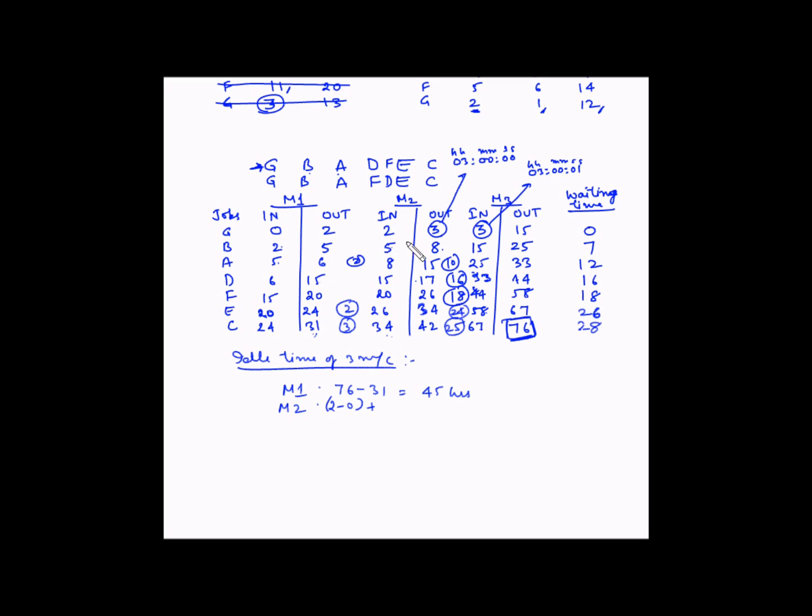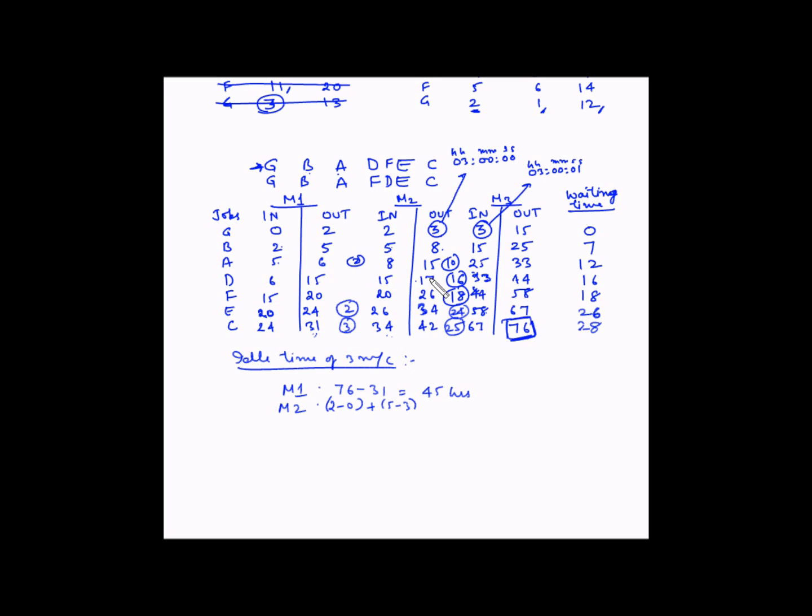So we have an idle time of 5 minus 3. Let's see if we have more. Then B gets processed on the 8th hour. Then again it takes A on the 8th hour, processes it till 15, takes D on the 15th hour, processes till 17, and then it processes F on the 20th hour.